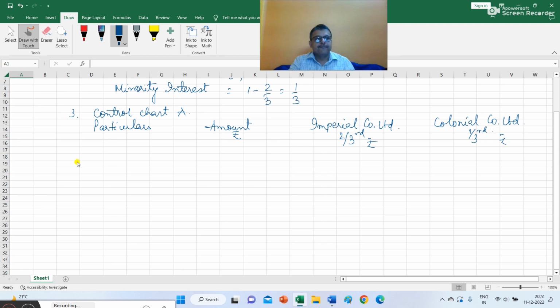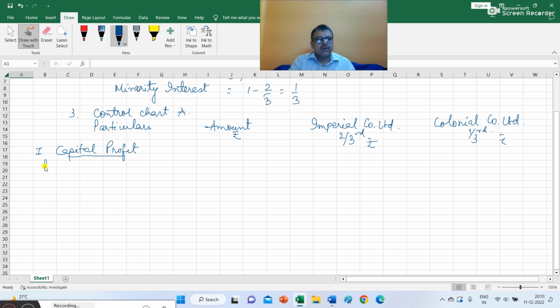So the first item in control chart A, we have to record the capital profit. Under capital profit, we have the pre-acquisition general reserve and the pre-acquisition surplus.